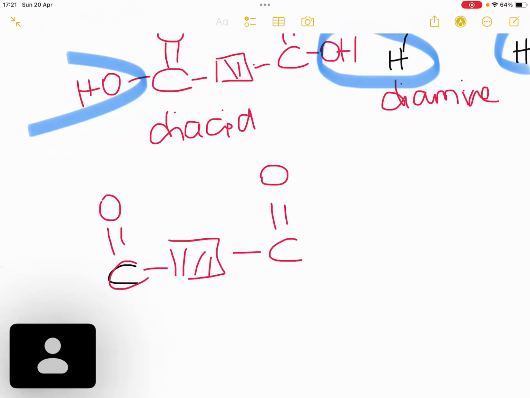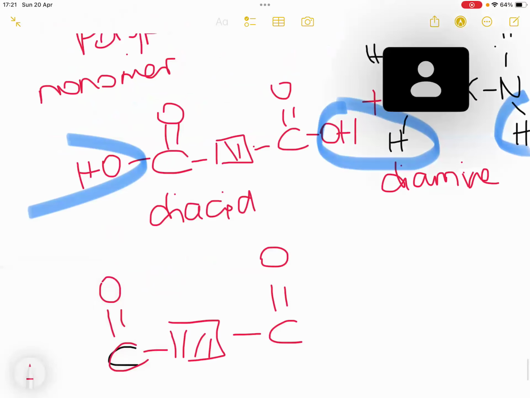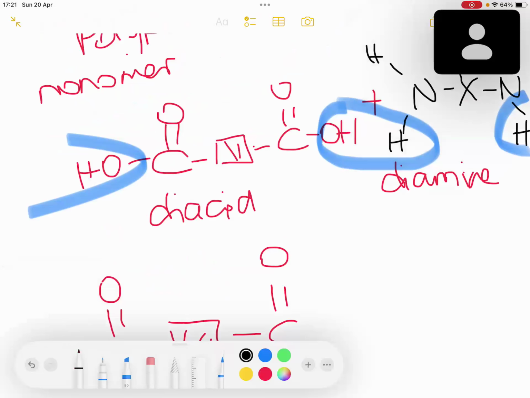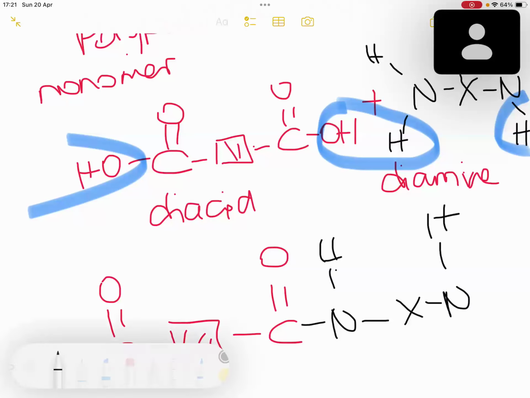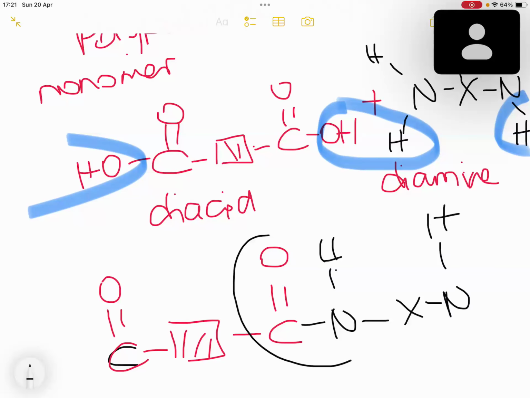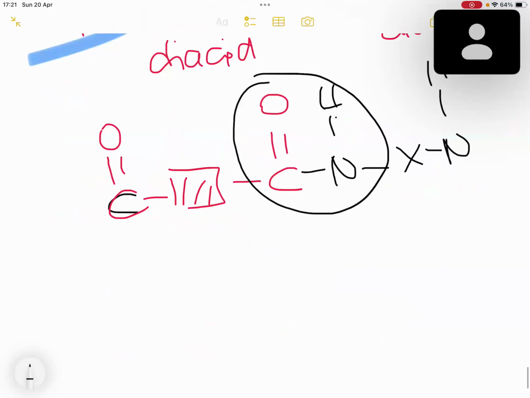And then from the amine, I'm going to have NH, X, NH. So what's linking my molecule together, my box and my triangle, is this.